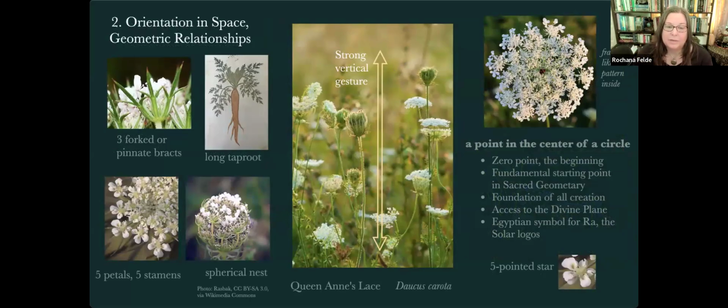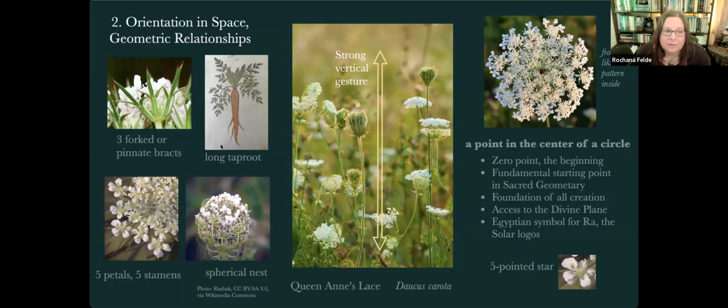the flower reaching up to the heavens, but also underneath the ground, it has a very long taproot. In fact, this is the wild carrot. It's the original carrot, so it's known for that long taproot. Of course, the Queen Anne's lace is white, not orange.